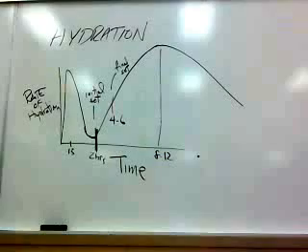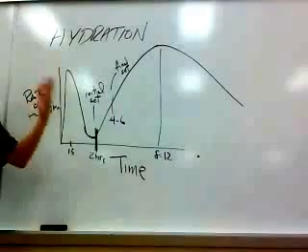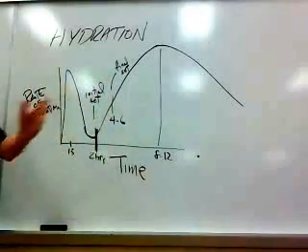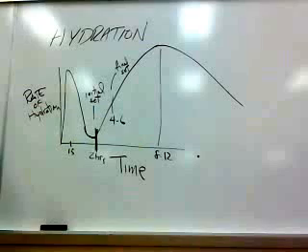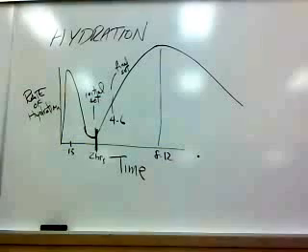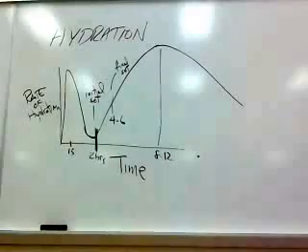Okay, so people talk about initial set and final set, and again, whether you want to say the initial set's 2 hours, 3 hours, whether you want to say the final set's 4 hours, 6 hours, 8 hours, whatever. There's the portion of time where it begins to set up, and then the final set is where they say it can start to support regular, lighter loads and stuff.